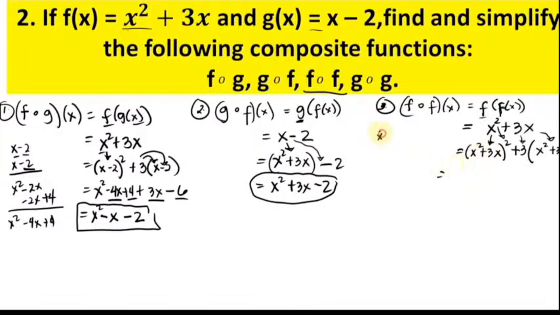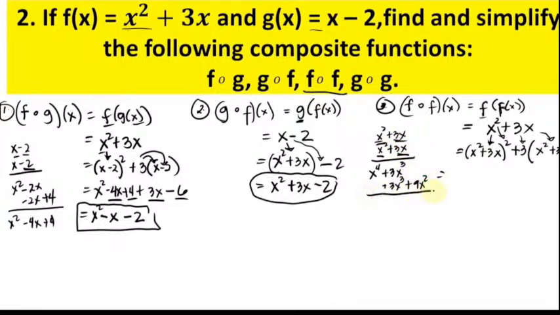So x squared plus 3x times x squared plus 3x is equivalent to x raised to 4, times, then x squared times 3x, that is 3x cubed. Then 3x times x squared, that is 3x cubed, plus 3x times 3x, that is 9x squared.